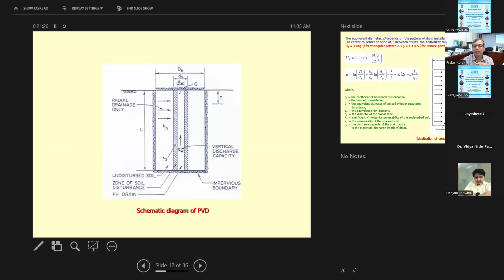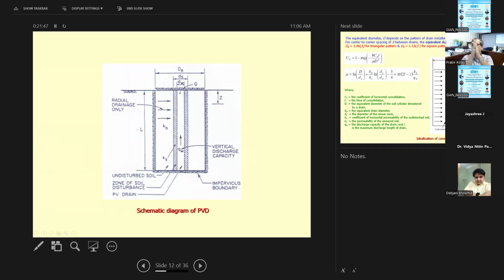For PVD, again, this is like a vertical drain. Inside there is a core, and if you take a pipe and just flatten it, just press it, that is like a PVD, a prefabricated vertical drain. I can show you some figures later on. Here the concept is the same.